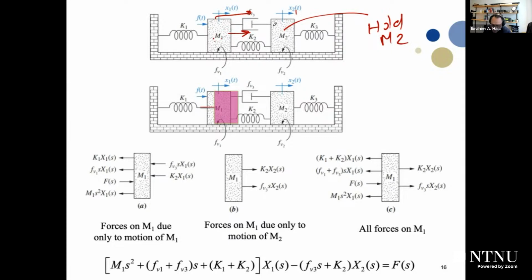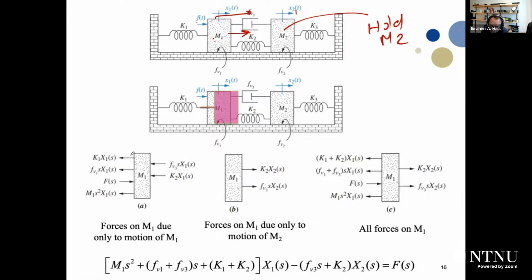So now we need to write the forces which are acting on M1. First, we apply here F of T on M1. So we will have F of S acting, trying to push it to the right side. But at the same time, K1 will generate a force which will resist this movement.